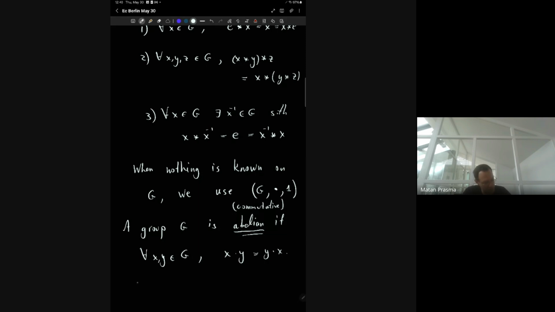As a notation, in that case, we write G in additive notation. I mean, again, if we only know that G is an abelian group, then we naturally write the binary operation as addition.